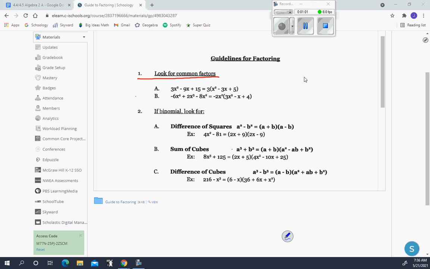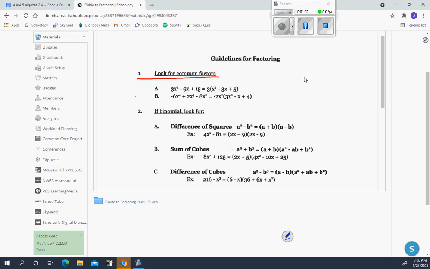They give you the example 3x squared minus 9x plus 15. What do each of those terms, 3x squared, 9x, and 15, have in common? They all have a 3 in common. They're all divisible by 3. So you take out a 3 and multiply it by what's left.